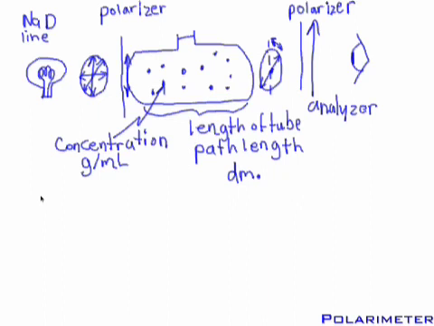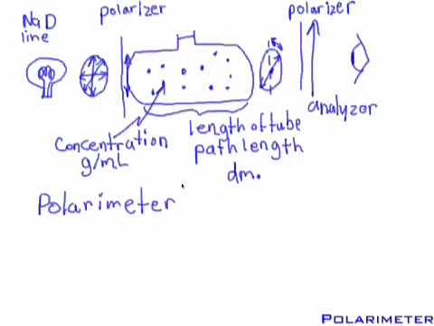Now this device is called a polarimeter. A polarimeter is designed to measure the amount of rotation caused by a solution of a specific enantiomer upon plane polarized light.